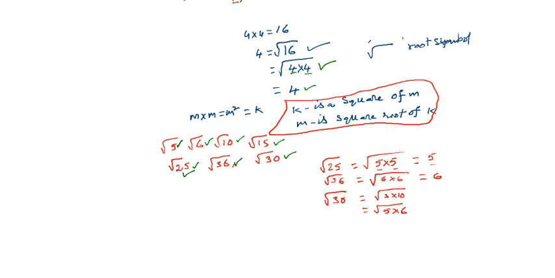Is it possible to write the product of two equal factors like 5 into 5, 6 into 6? No. Here 5 into 5 means 25, 6 into 6 means 36, 3 into 10 means 30, 5 into 6 is 30, but 3 and 10 are not equal factors. Here 5 and 6 are not equal factors. Hence, it has no square root in natural numbers.